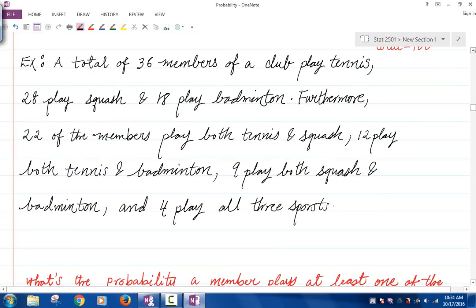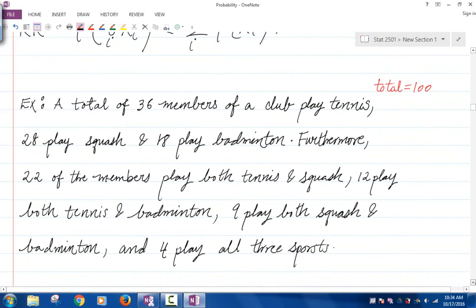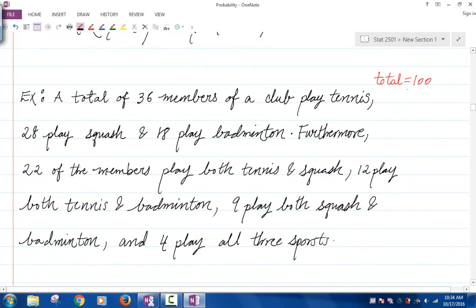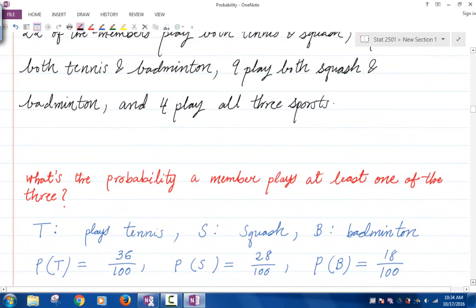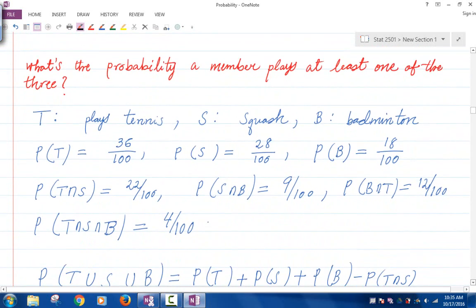Okay, so the total number of members is 100, and so in order to find the probability that a member plays at least one of the three, we're going to label a couple of events here.